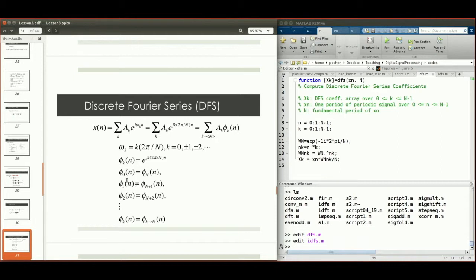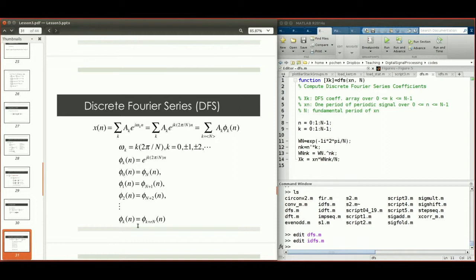You can check phi 0, phi 1, phi 2, right? So phi 2n equals phi big N plus 2n, right? So basically this kind of phi k sequence has some kind of periodicity with respect to k. Do you see?